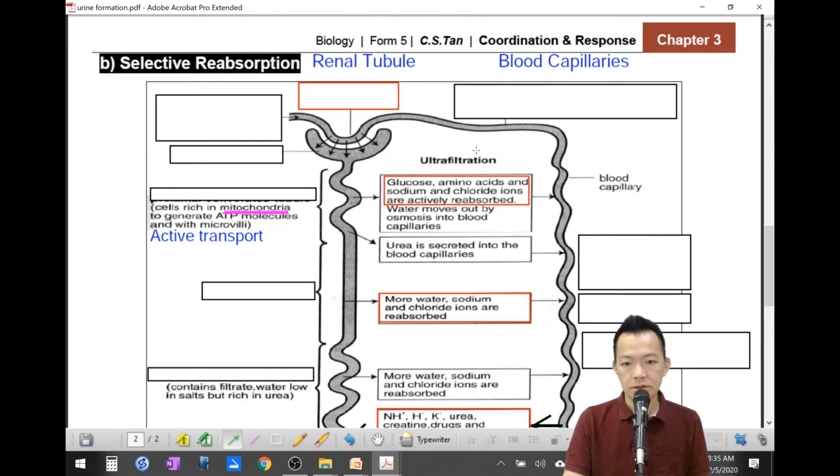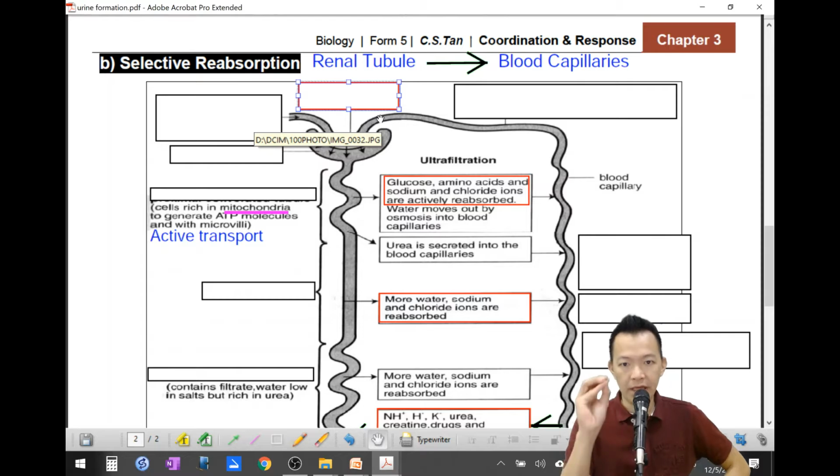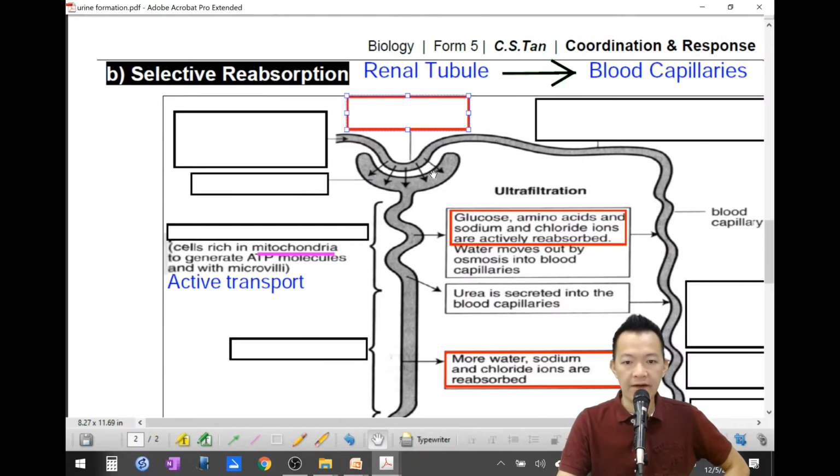capillaries. So it goes from the renal tubule into our blood vessels, absorbed back. Okay, the story starts again. Selective reabsorption, selectively absorbing the good things back. So what is this? This is the glomerulus that has the process called ultrafiltration.